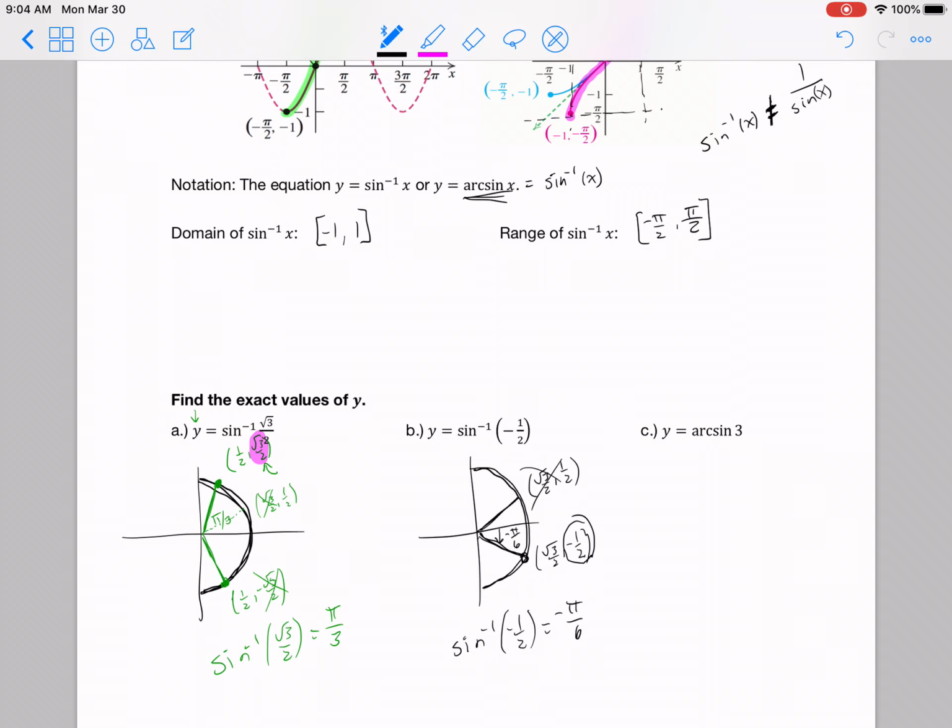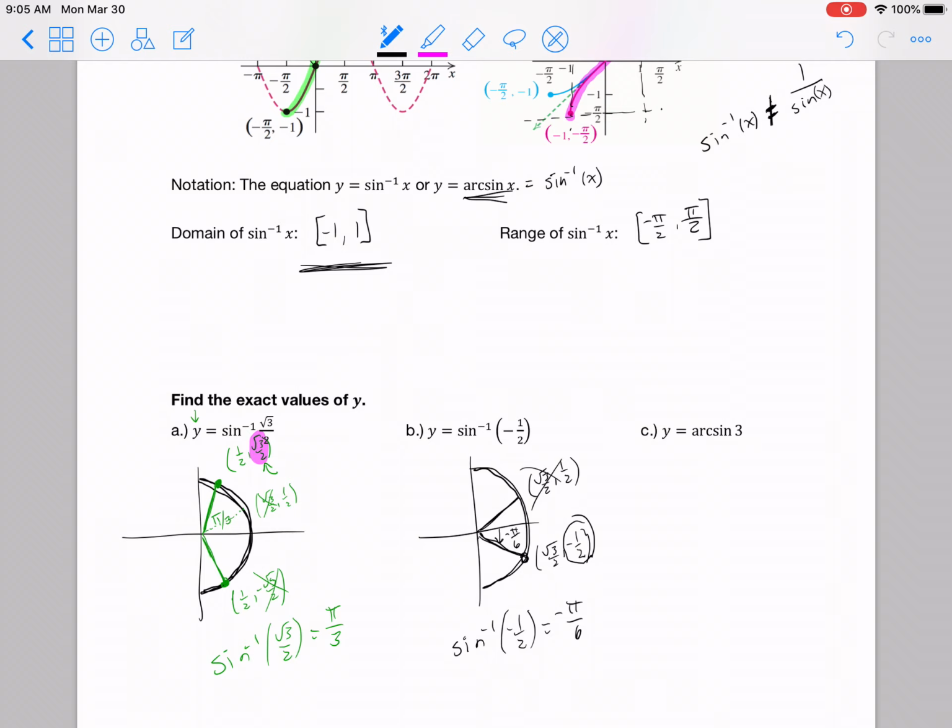The last thing here is the arc sine of 3. Now, if you try to do this one, especially if you type it in your calculator, you're going to get an error because we're not allowed to have values outside of negative pi over 2. So, I'm sorry, that's for our range. For our domain, we're inputting, we're not allowed to have values outside of negative 1 to 1 because if you take the sine of something, it's always going to be between negative 1 and 1.